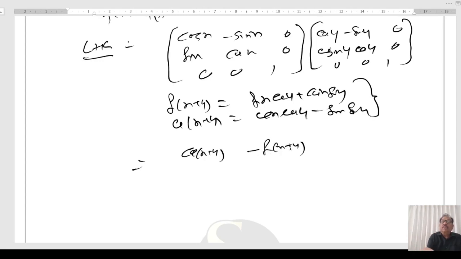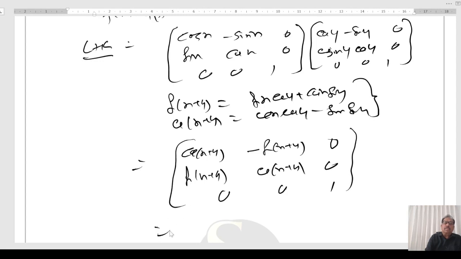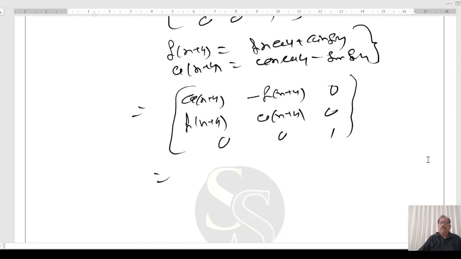Then the third column is 0. Similarly, this will come out to be sin of x plus y, cos of x plus y, 0; 0, 0, 1. That is equal to f of x plus y.